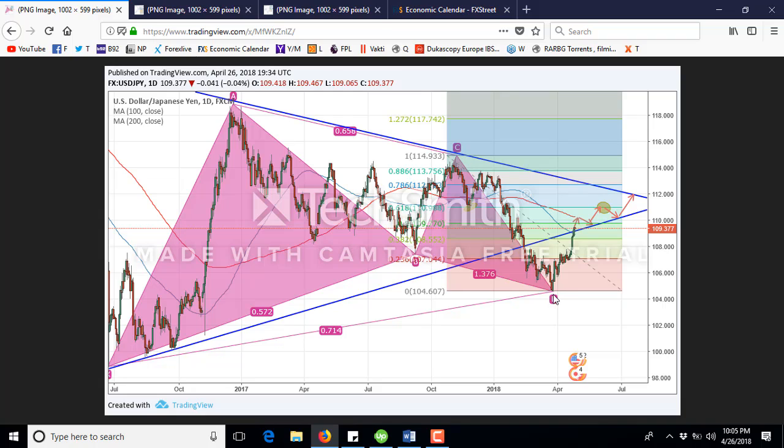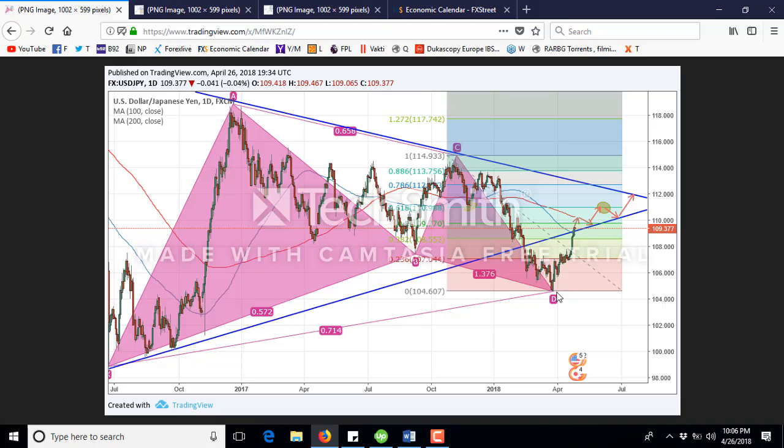And then in Gartley, D is usually and ideally between the 127 and 168 extensions. So somewhere in between, you will see a bottom in a bullish Gartley, of course, or a top in a bearish Gartley. And then what we saw here is a good reaction from this level.